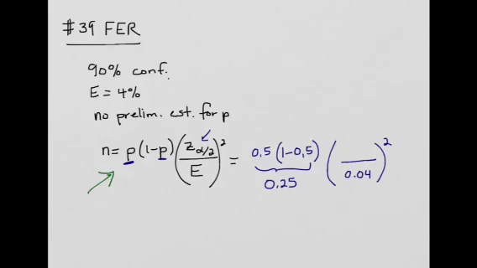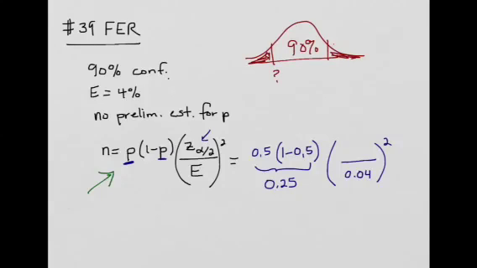So I still need to find that value for z. Let's go ahead and do that over to the side. I want to have 90% confidence, so I look at my normal distribution. If I want 90% confidence, then there's 10% left over in the tails.